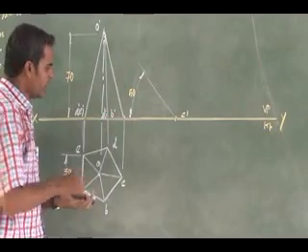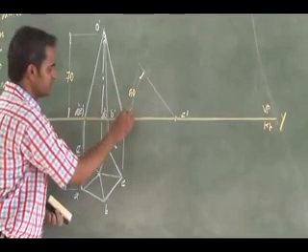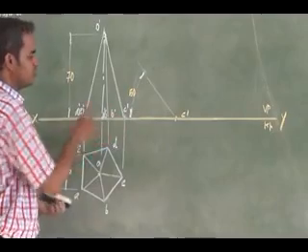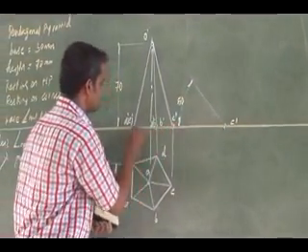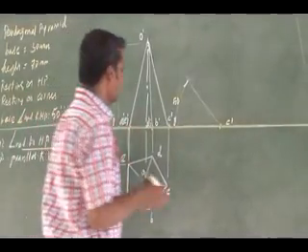Measure the locations of the base corners. So C dash to D dash, B dash, that is nothing but this location. I can measure it and mark it.